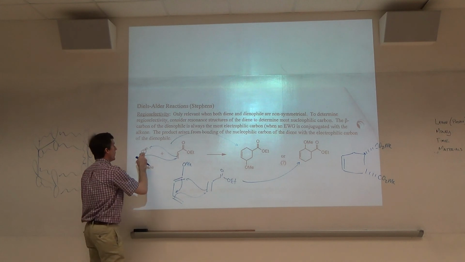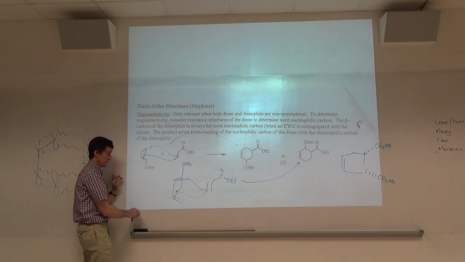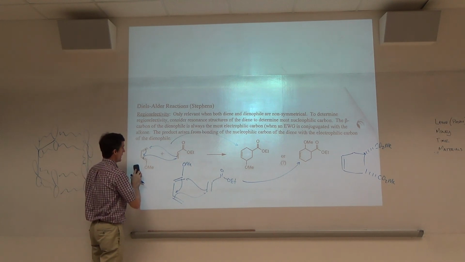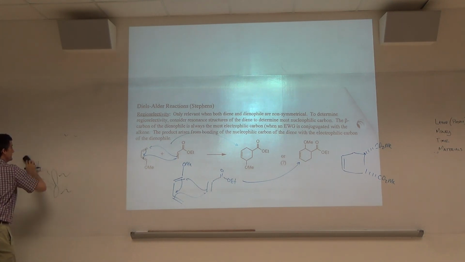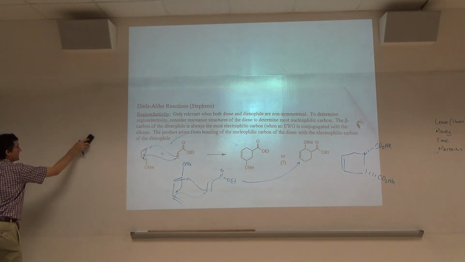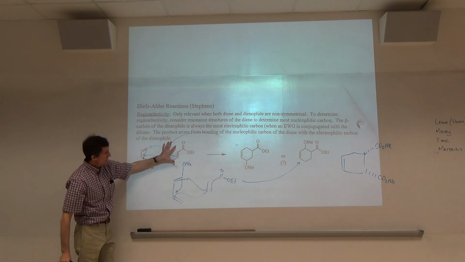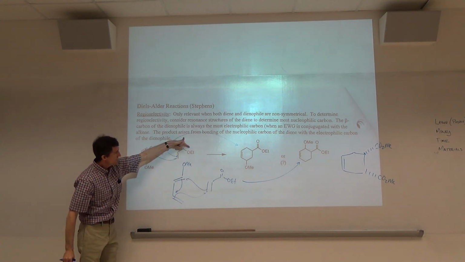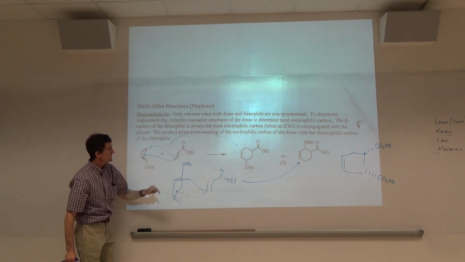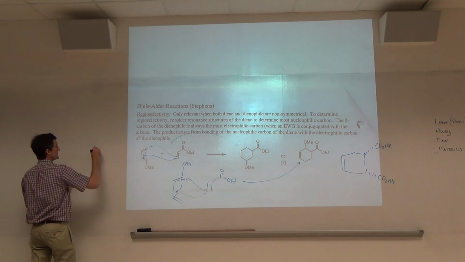We have to consider polarization of this guy here, really of both of them. Remember I said that the alkene would have an electron withdrawing group to polarize this? Let's show resonance structures of this.